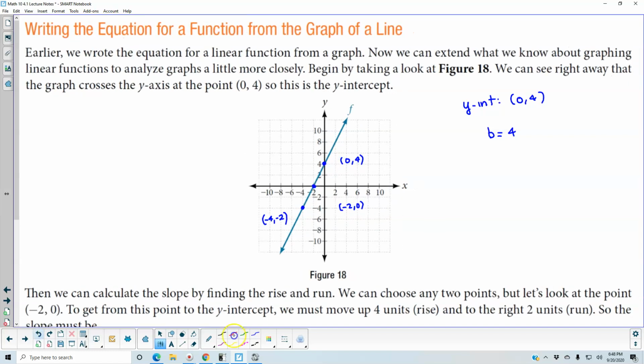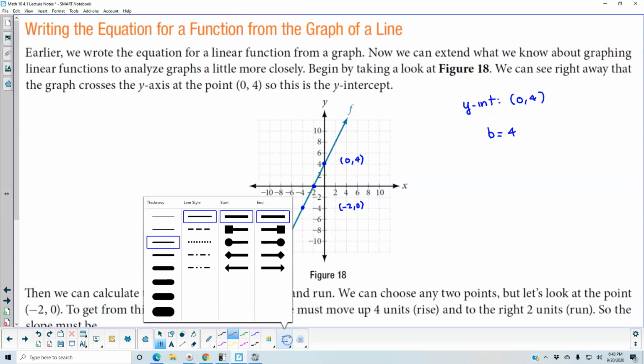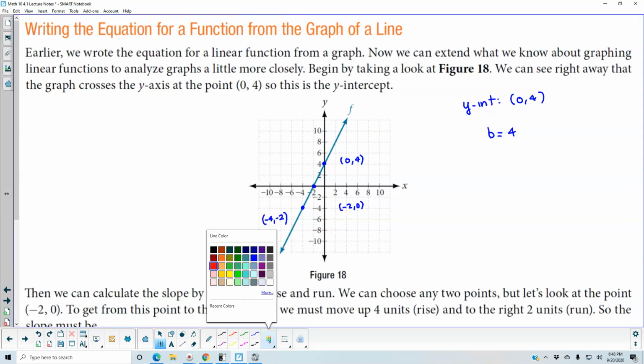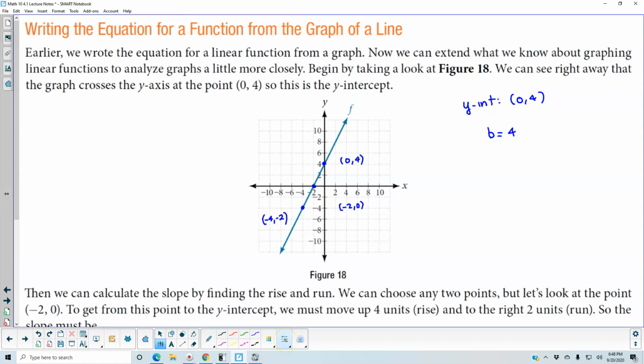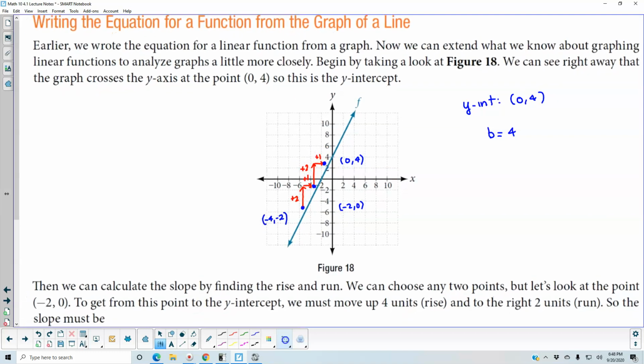Okay, so let's take a look at what's happening with the slope. If we go from one point to the next, we're going up 2, and then to the right 1. Again, we're going up 2, and then to the right 1.